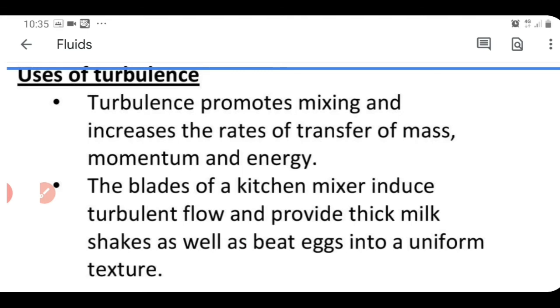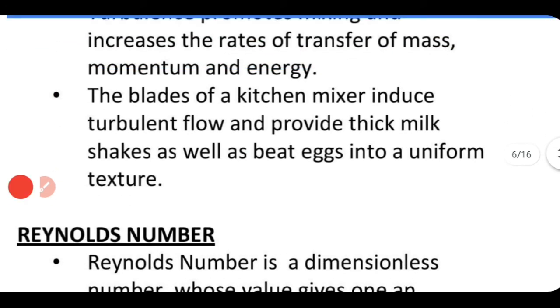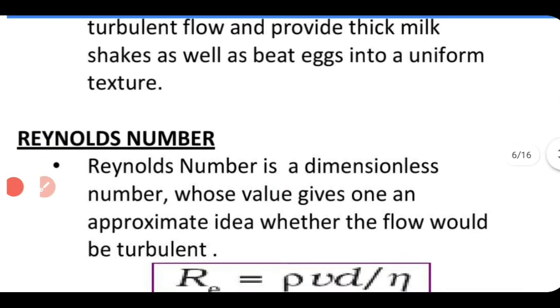So the rate of transfer of mass, momentum and energy will be more in turbulent flow. And the blades of a kitchen mixer induce turbulent flow and provide thick milkshakes as well as beat eggs into uniform texture. That's what we discussed now. So turbulence has got both advantages and disadvantages.